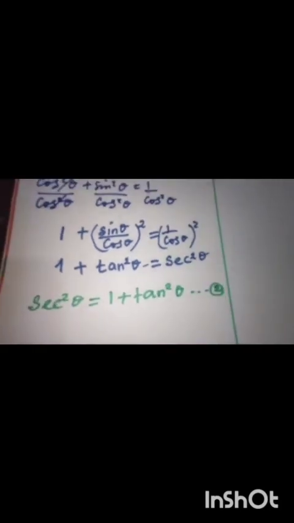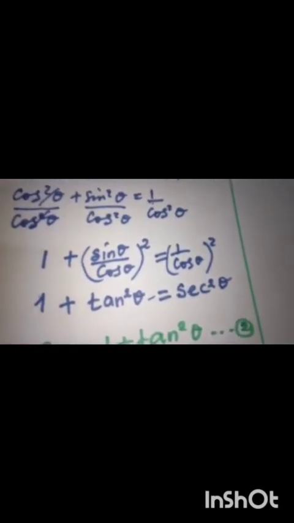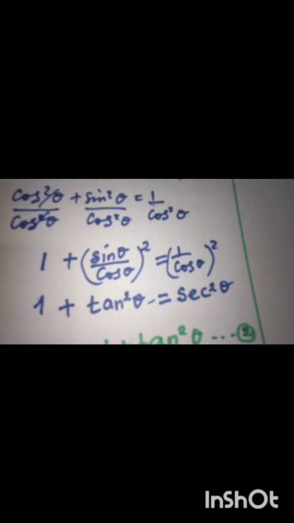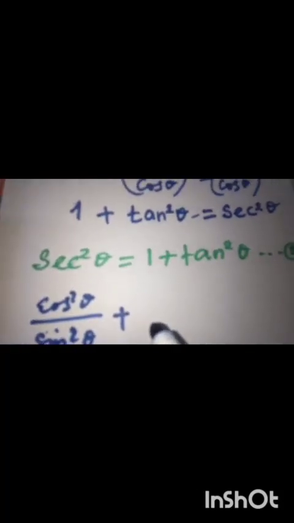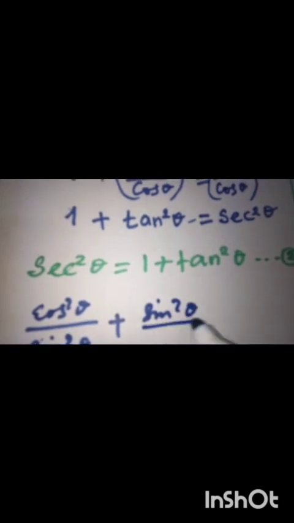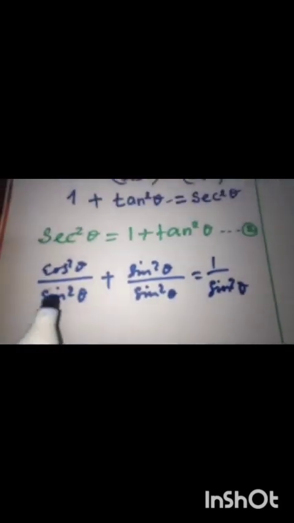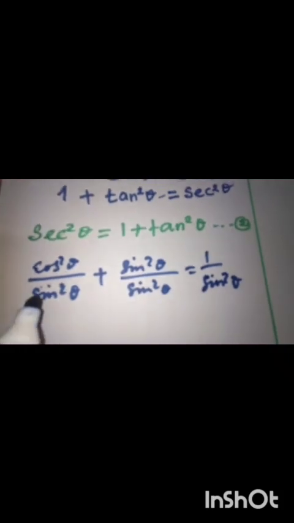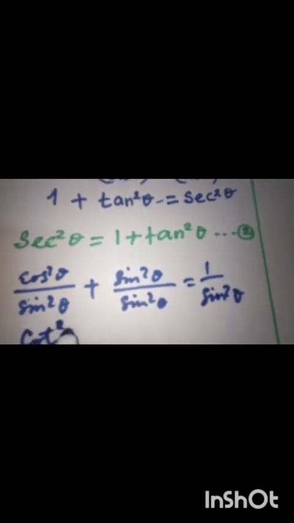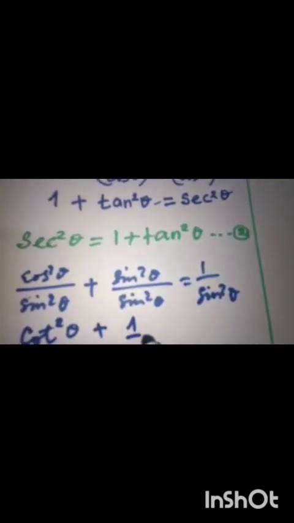Now, in a similar manner, we divide equation 1 all through by sine squared. Thus, we have cos squared over sine squared, plus sine squared over sine squared, equals 1 over sine squared. Cos over sine is cot, so we have cot squared theta plus 1.